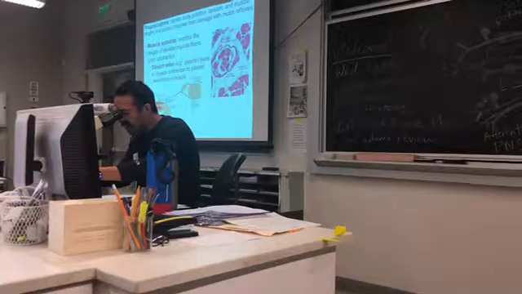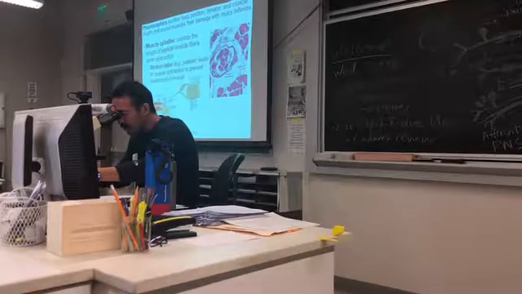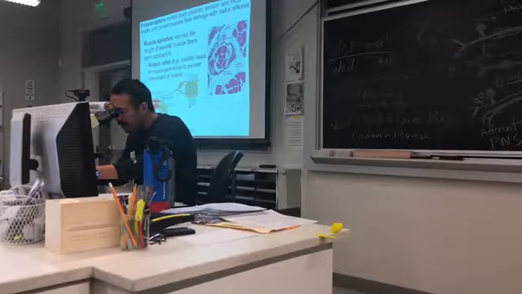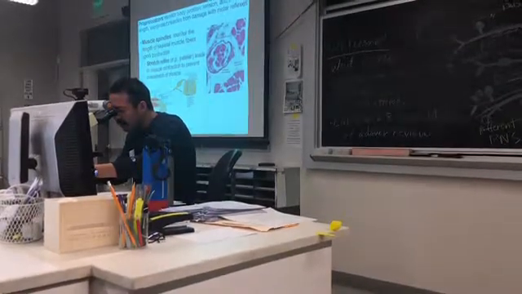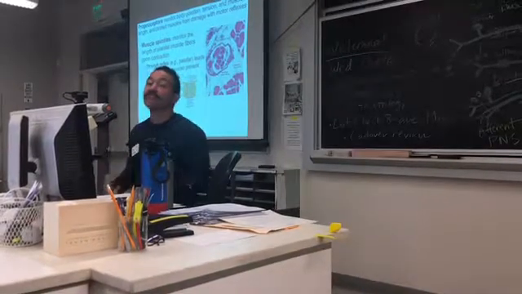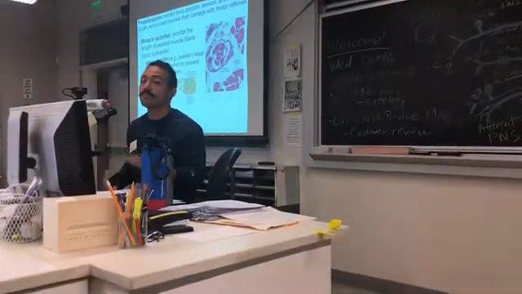Muscle spindles detect stretch of muscles, and if the muscle is too stretched out, then we want to contract it. We want to shorten the muscles to protect it.